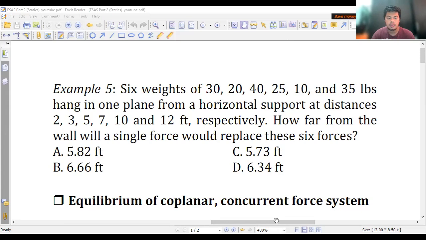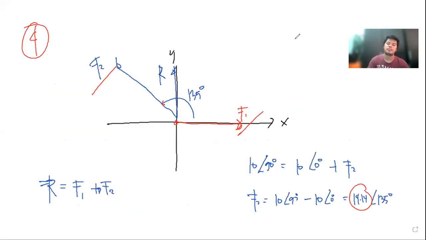So there is this horizontal plane, assuming this would be for problem number 5.